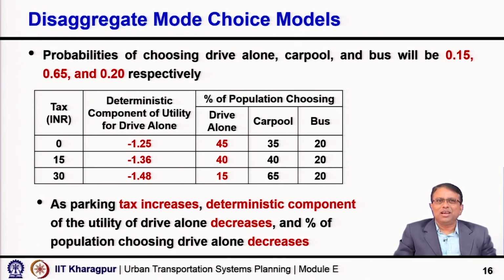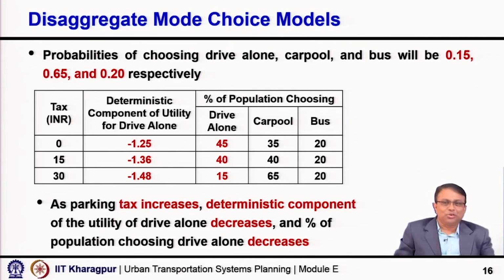So what you are seeing here is that as the utility is decreasing for a mode, in this case drive alone, the percentage of people using that alternative is also decreasing. That is the statement we made: if the utility of a mode decreases, then the probability of using that mode will also decrease.